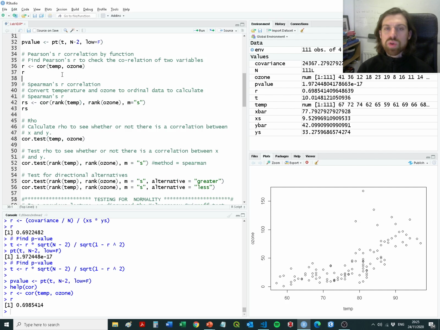Okay, so that was all assuming that we met the assumptions of using the parametric test. Sometimes you might not be able to meet those assumptions, so you might, as a consequence, have to downgrade your data into using a non-parametric test.